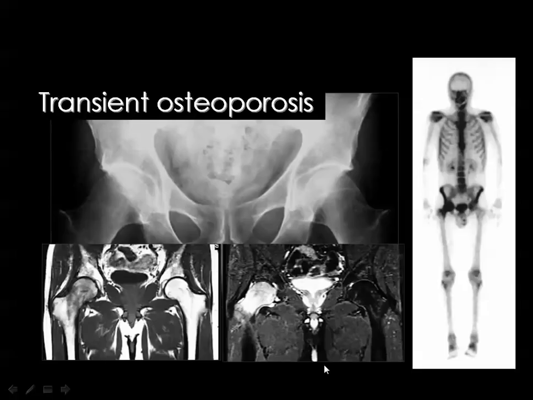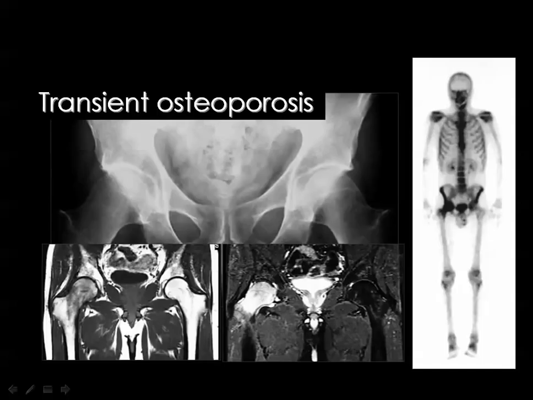Then in the plain X-ray, as I have mentioned, you may not appreciate any abnormality. Look at this example. I think you may feel that both hips appear normal, and you may feel that this femoral neck is relatively osteoporotic compared to this femoral neck.